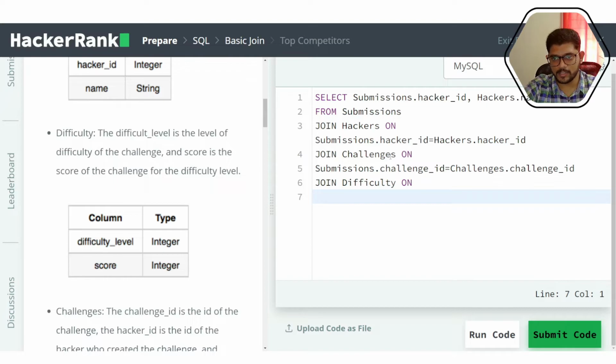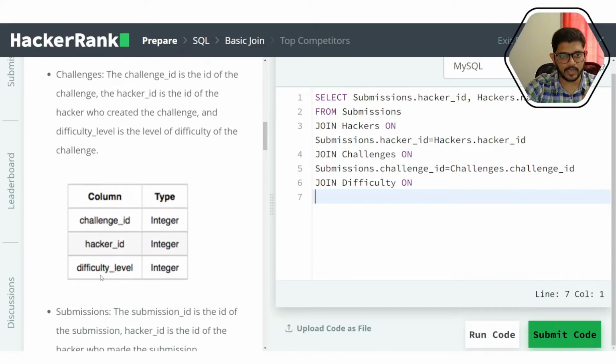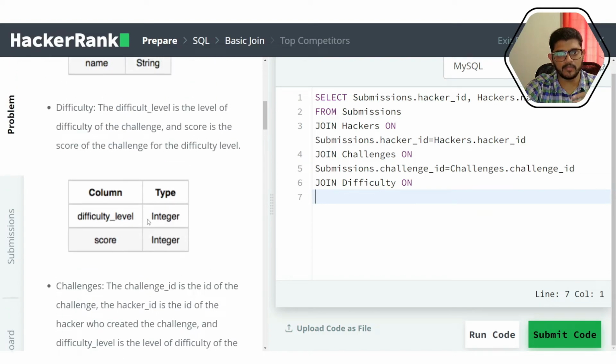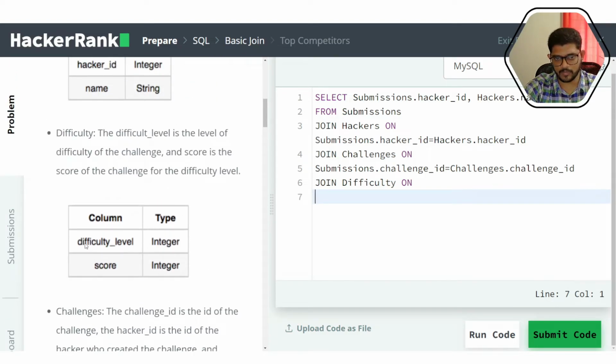You look at it like I'm joining the difficulty table to the challenges table. The challenges table has difficulty level as one of its columns, and the difficulty table of course also has difficulty level as one of its columns. We are joining it on that column. It'll make sense once we proceed further, right?